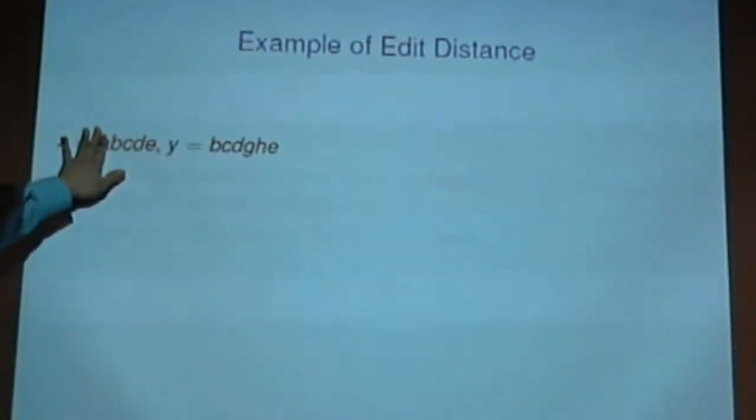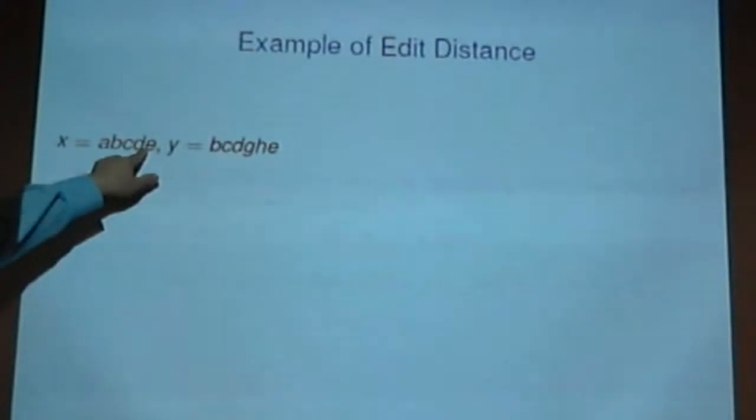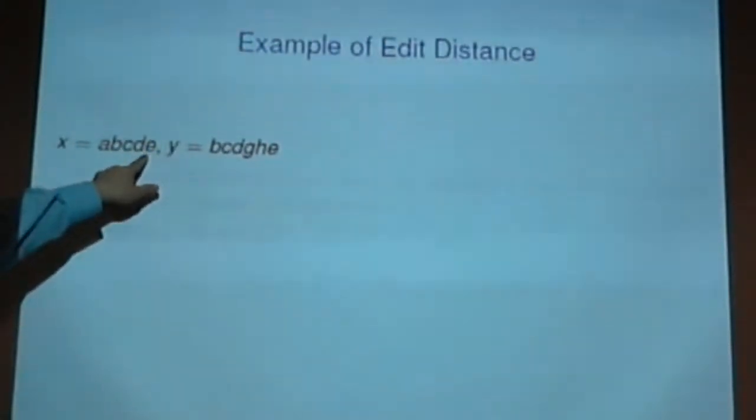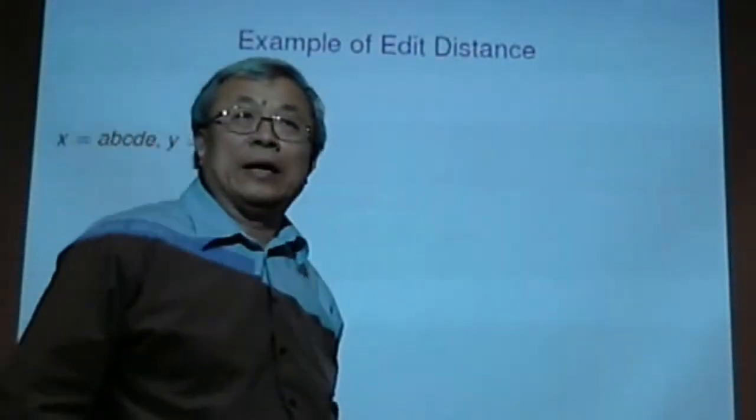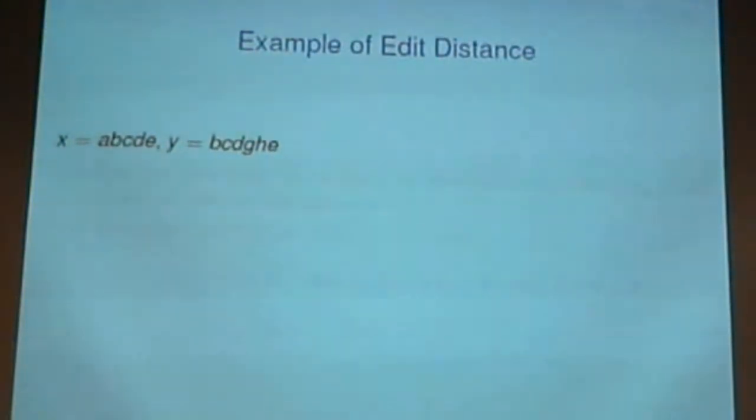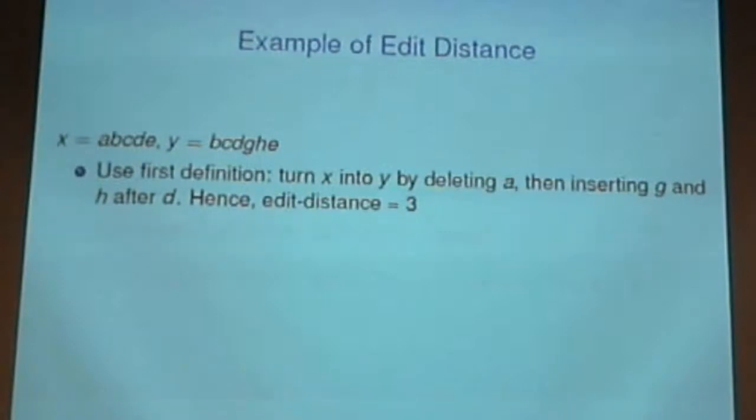Delete A, and after deleting A, then you need to insert two characters here, G and H. So the edit distance is 3 based on that. The number of deletes or inserts is 3 in this case. So use the first definition, turn x into y by deleting A, then inserting G and H. After D, then you get this. So that's an edit distance of 3.